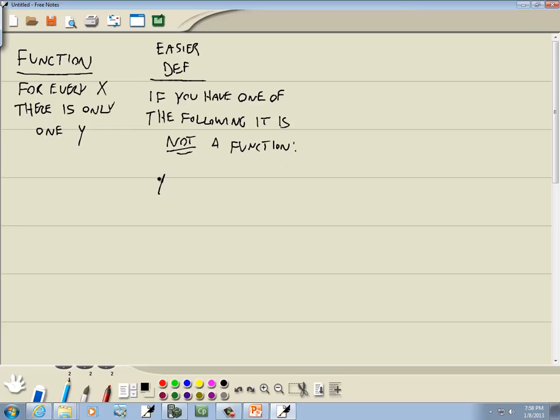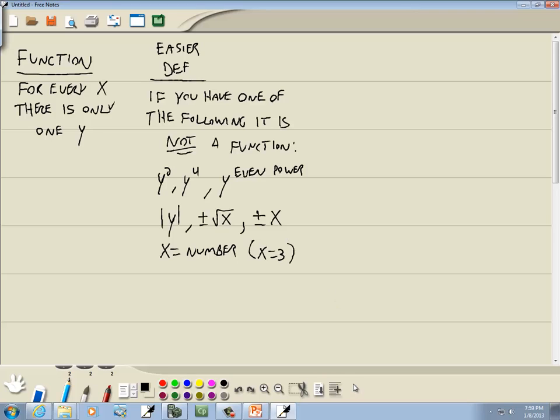If you have a y squared, y to the fourth power, or actually y to any even power, then it's not a function. If you have the absolute value of y, it's not a function. If you have a plus or minus square root of x. Actually, if you have plus or minus x of any sort, it's not a function. If you have x is equal to a number, it's not a function. For example, x is equal to 3 would not be a function.